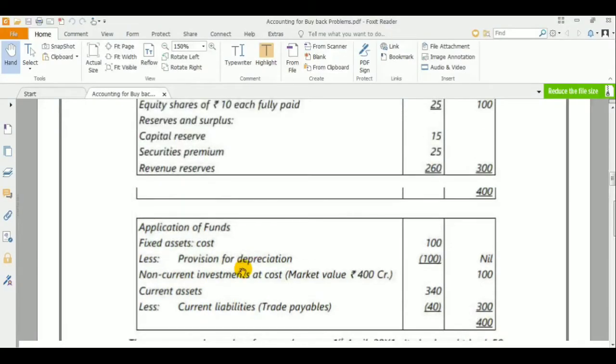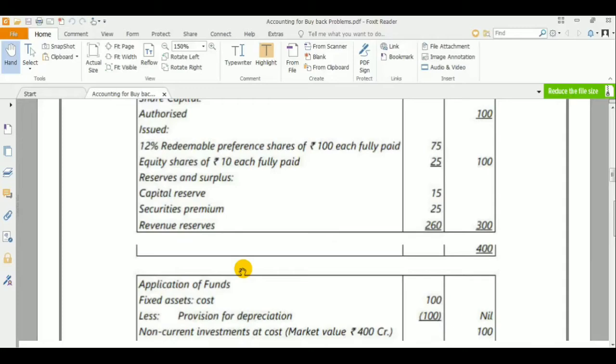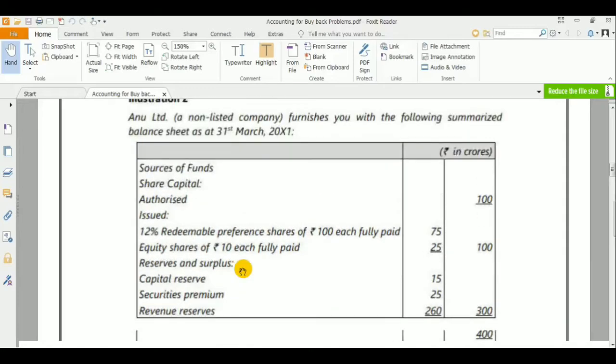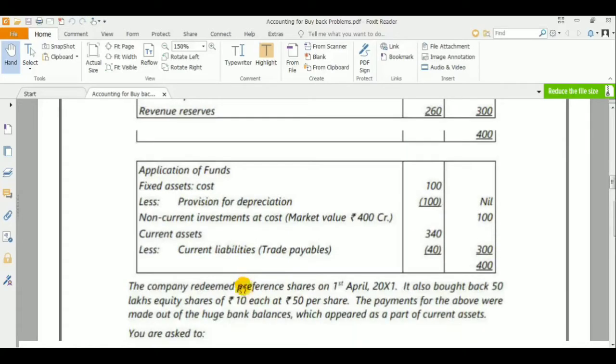Now what happens first? We are redeeming the preference shares, so we will go according to the sequence of the sum. I will pass the entry for redemption of preference shares.